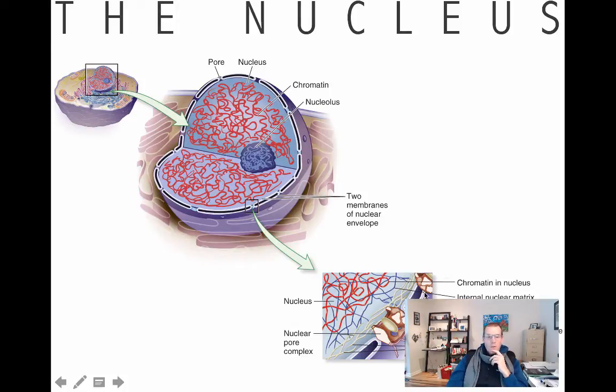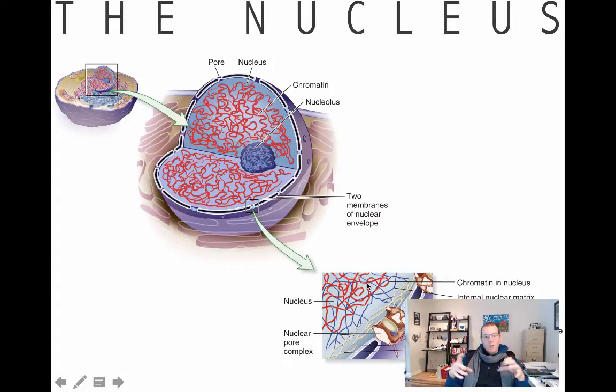They kind of wrap around. So it's called a double membrane because the membrane kind of wraps around and back on itself. And so we end up with this lumen, this inside space between the two membranes of the nuclear envelope. So inside the nucleus is called the matrix.